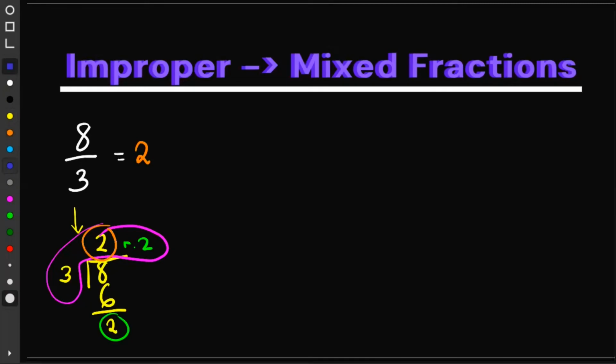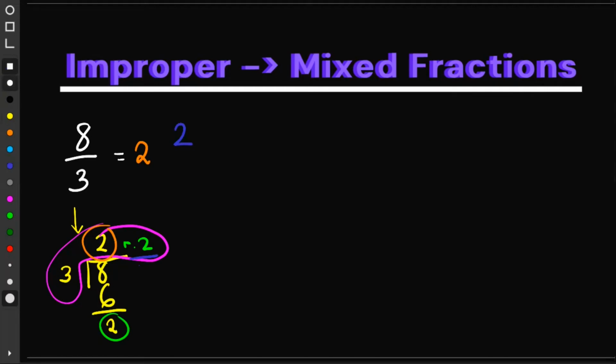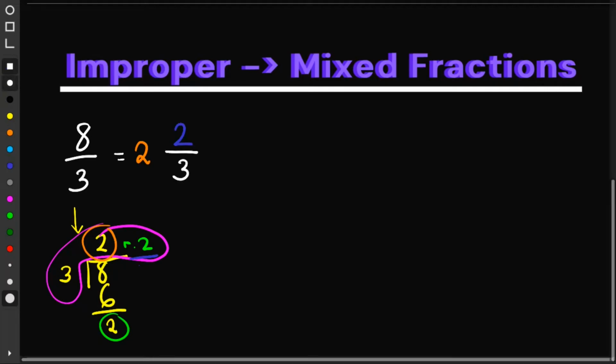Then this remainder is the one left in the numerator, since it is a remainder, so it is something that is still left in the fraction. And again, we just copy the denominator, or the one that we used in dividing. So we have converted 8/3 into its mixed fraction.